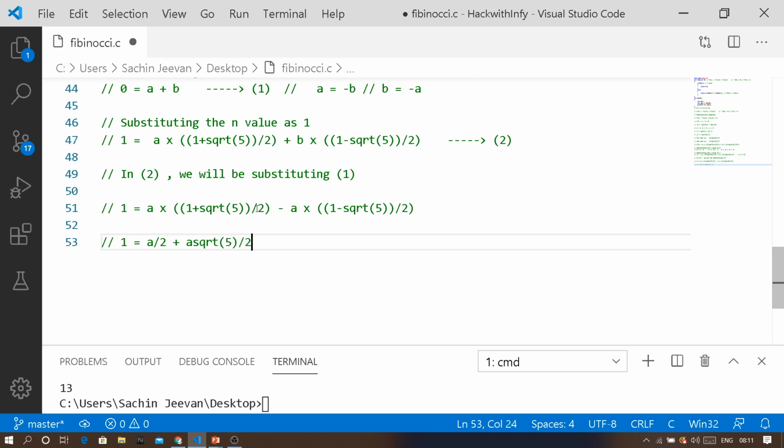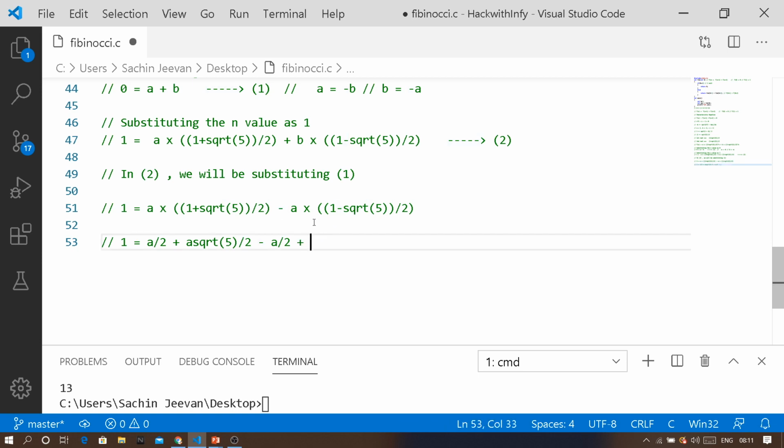Instead of giving division by 2 commonly, I have specified it as 1 divided by 2 plus square root of 5 divided by 2, separately giving the denominator. Then subtracted with, again a multiplied by 1 divided by 2, what will it be? A divided by 2. Then minus multiplied by minus, again it will be positive.